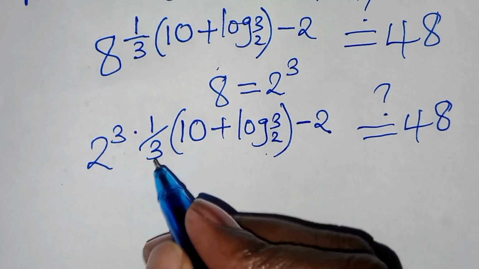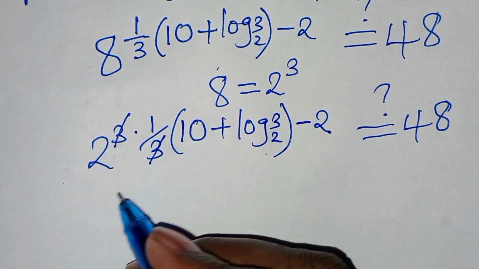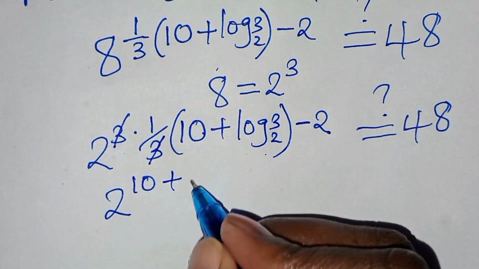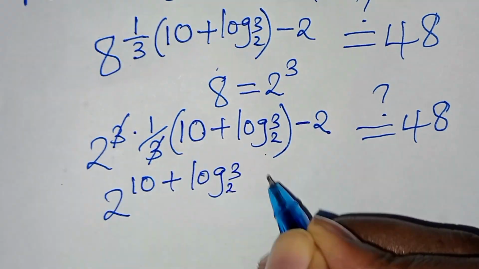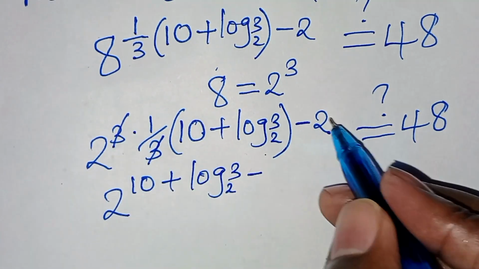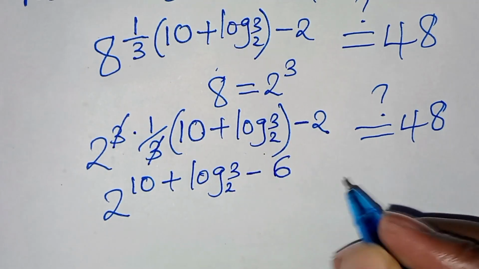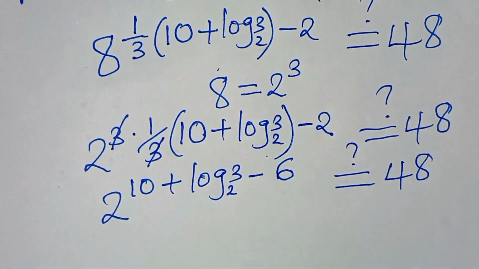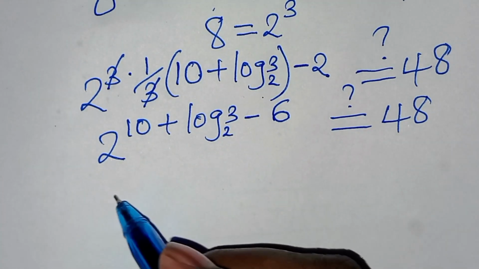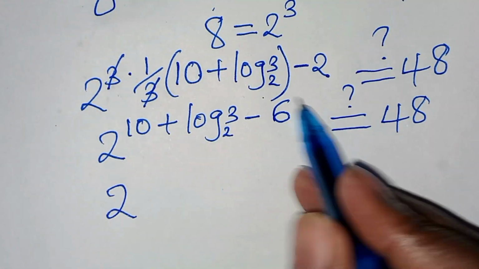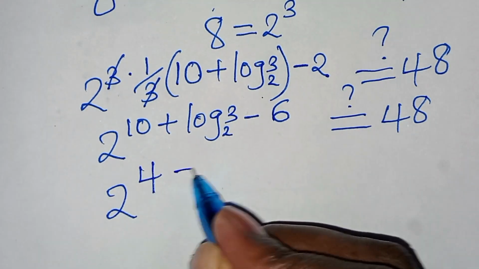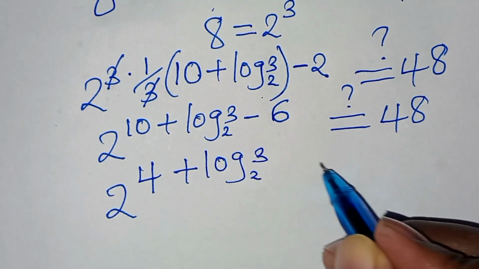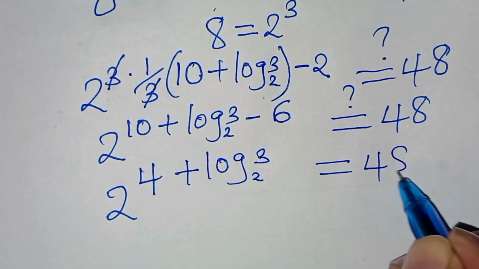Now we simplify here so that we have 2 to power 10 plus log 3 to base 2, then subtract 3 times 2, which is 6. The next step is that we have 2 to power 10 minus 6, which is 4, then plus log 3 to base 2. This is supposed to give us a value of 48.